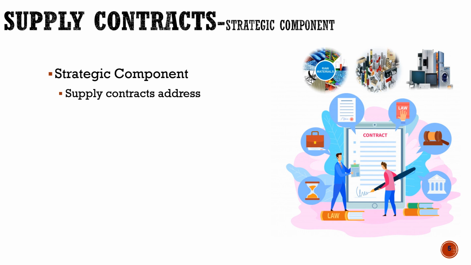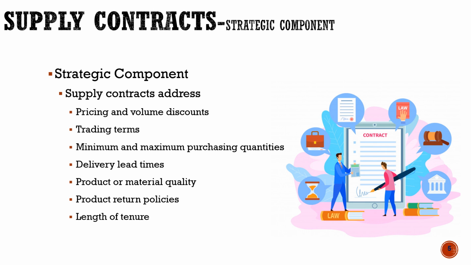In a typical supply chain contract, the buyer and supplier will agree on the following terms. First of all, they need to agree on pricing and volume discount, trading terms, minimum and maximum purchasing quantity, the delivery lead time, the quality of product and materials, the return policy, and the length of the tender.